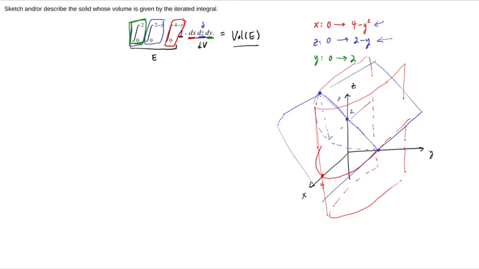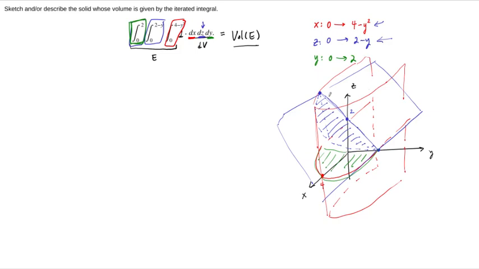It's going to look like a parabolic cylinder that's been sliced by this plane, and sits directly above this portion down here of the plane. So that's enough, by the way.